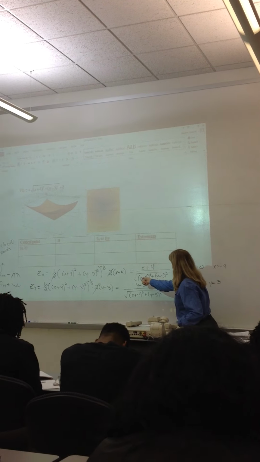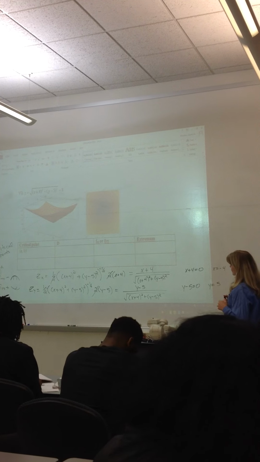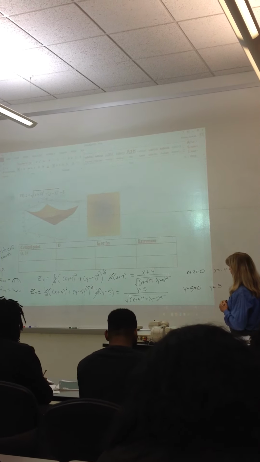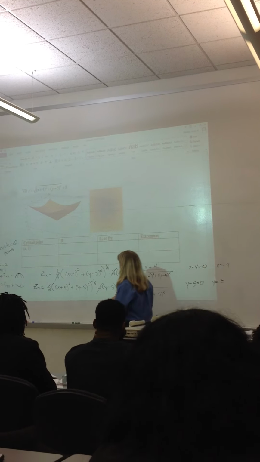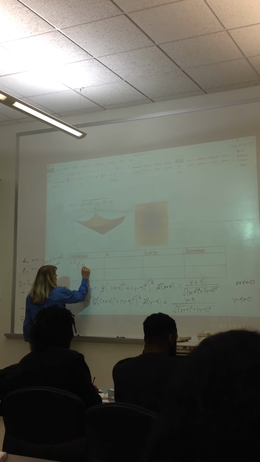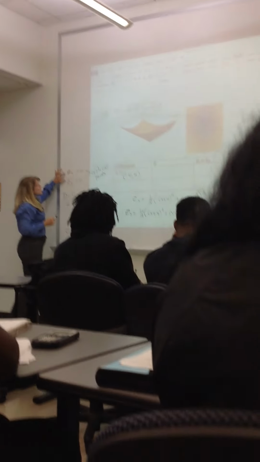But if you notice, if I plug negative 4 and 5 into the denominator of my derivatives, they equal 0. So technically, the critical point is x equals negative 4, y equals 5, but it makes my first derivatives undefined.